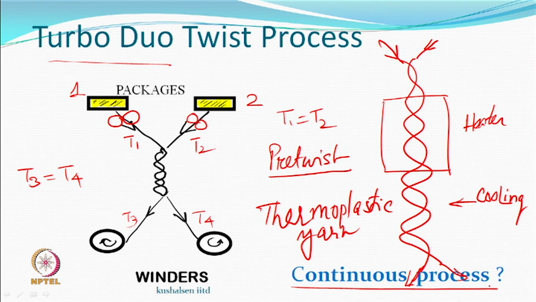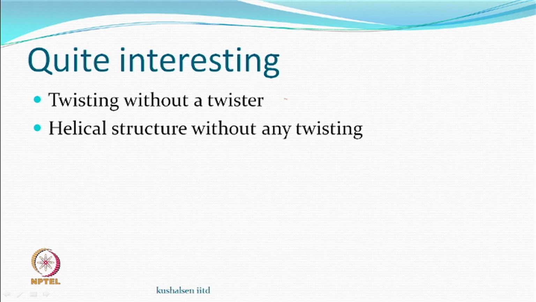The edge crimping was a continuous process. False twist was also a continuous process. So, you have a continuous process, 3 continuous processes that we have seen. One of them was a batch process, and we have seen this twisting without a twister, and also we have seen helical structure without even twisting.